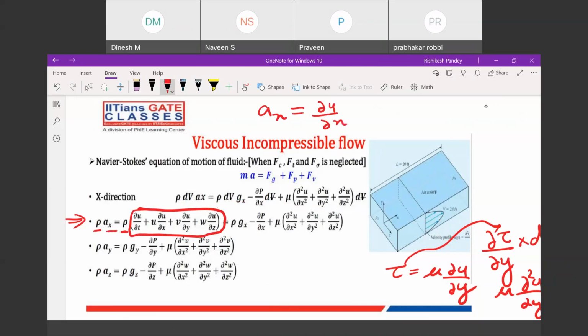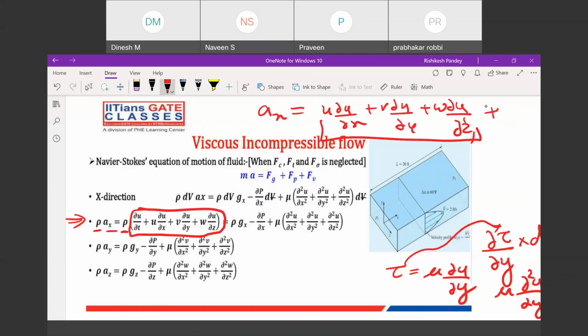u ∂u/∂x plus v ∂u/∂y plus w ∂u/∂z. Is it not? This is our convective term, and plus ∂u/∂t, this is our temporal term. Do you remember our acceleration in x direction?